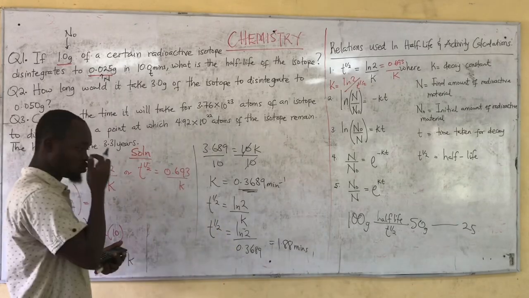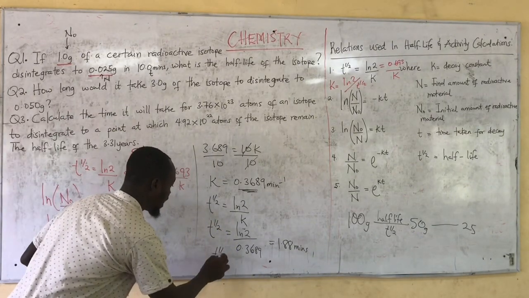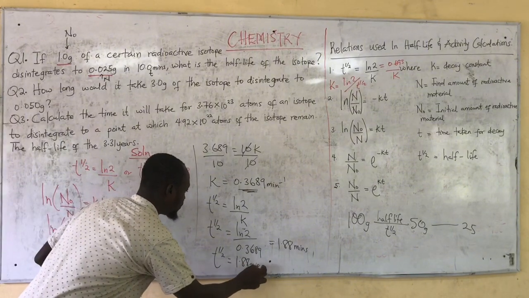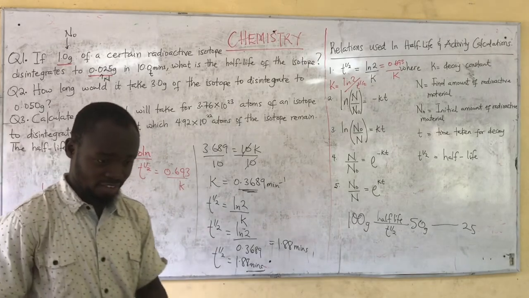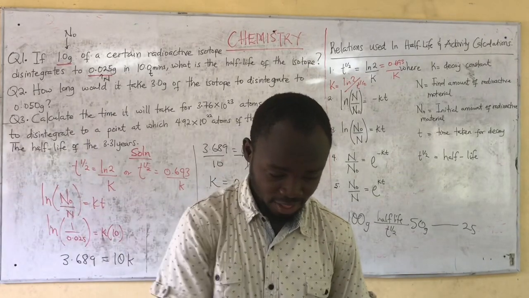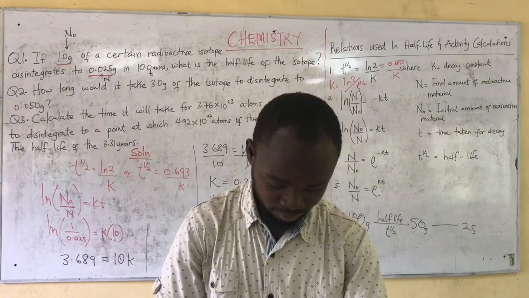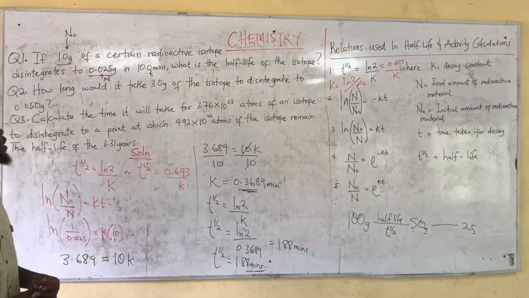That is to 2 places of decimal. So our half-life, our T half, is equal to 1.88 minutes. Is that okay? So that is the answer for our first question. That is 1.88 minutes to 2 places of decimals. Is that okay? To 2 places of decimal.